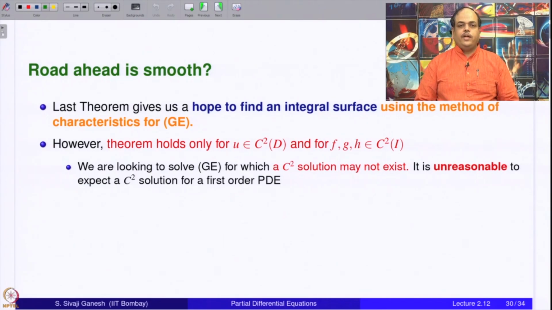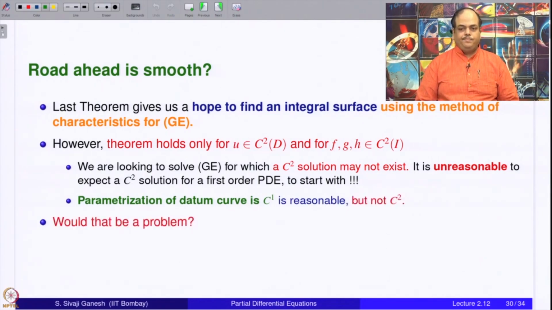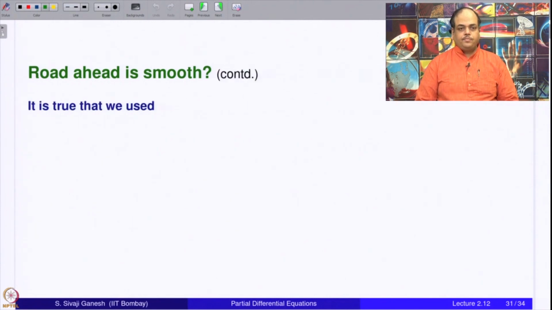It is unreasonable to expect a C2 solution for a first order PDE to start with. It may happen that you have a C2 or C infinity solution, but to start with you do not expect that. And a parameterization of the datum curve being C1 is reasonable, but not C2. So, would that be a problem? The answer is no, that will not be a problem. Details on the next slide.